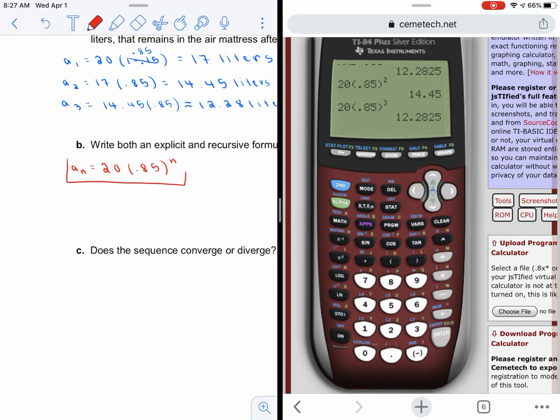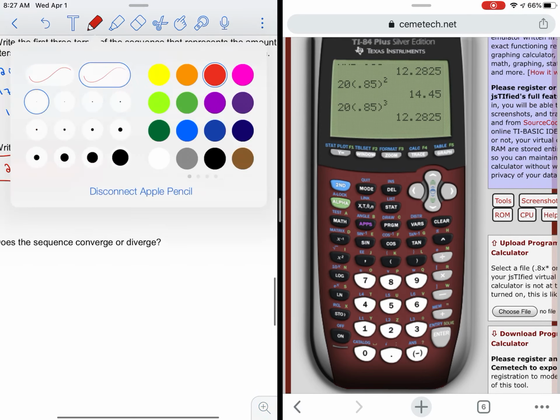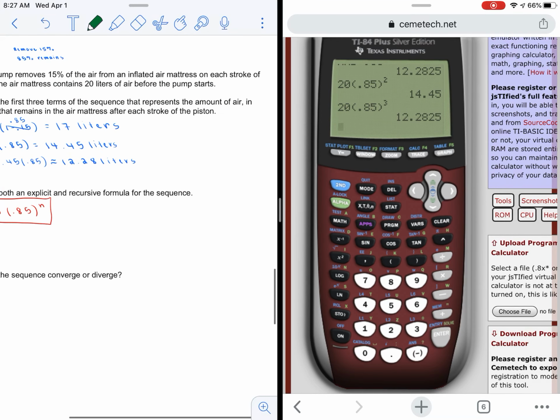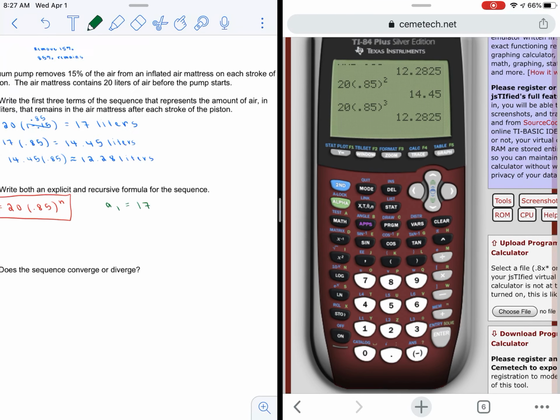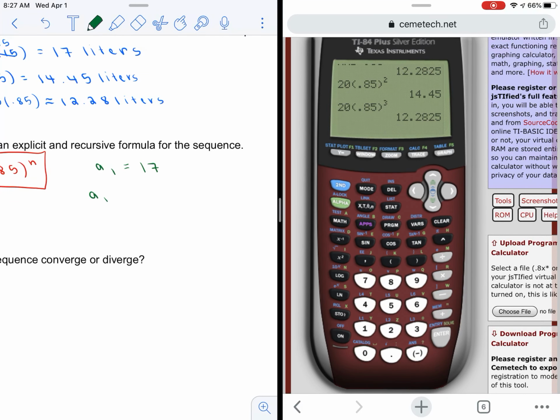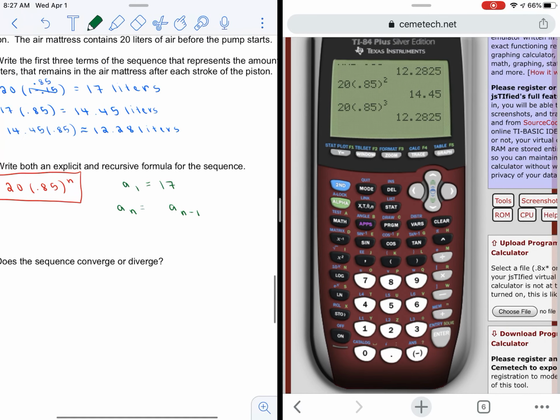Now, if you wanted to write a recursive rule for this, remember that we have to say what our first term is, so a sub 1 equals 17. Then from there, we need to say what the rule is to get to the next term. In order to do that, we need to use the previous term and think about what we do to 17 to get to that second term.